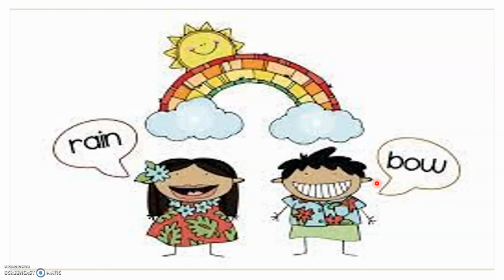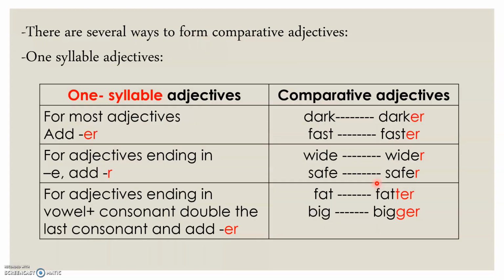But what does this have to do with comparative adjectives? Because in order to form the comparative adjectives, we need to know how many syllables we have in the adjective. If the adjectives are one syllable adjectives, if they consist of only one syllable, like dark, fast, wide, safe, fat, big, short.